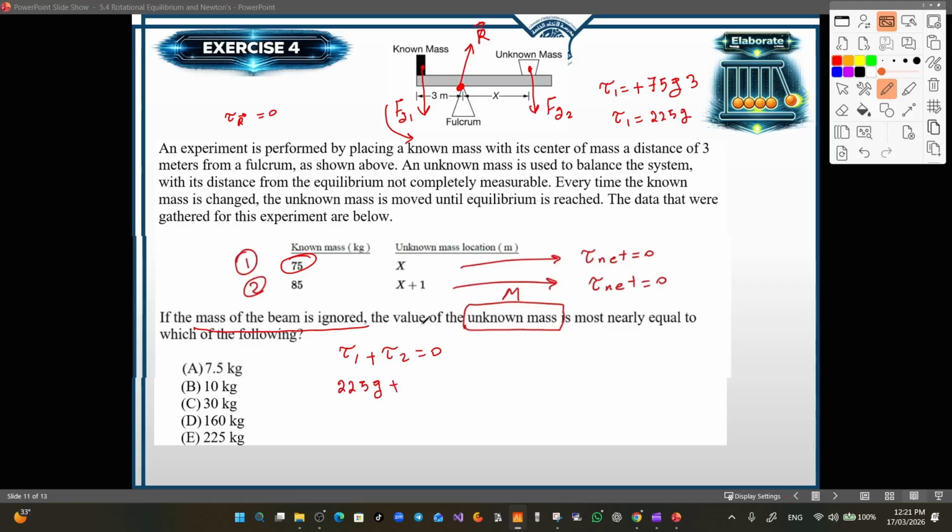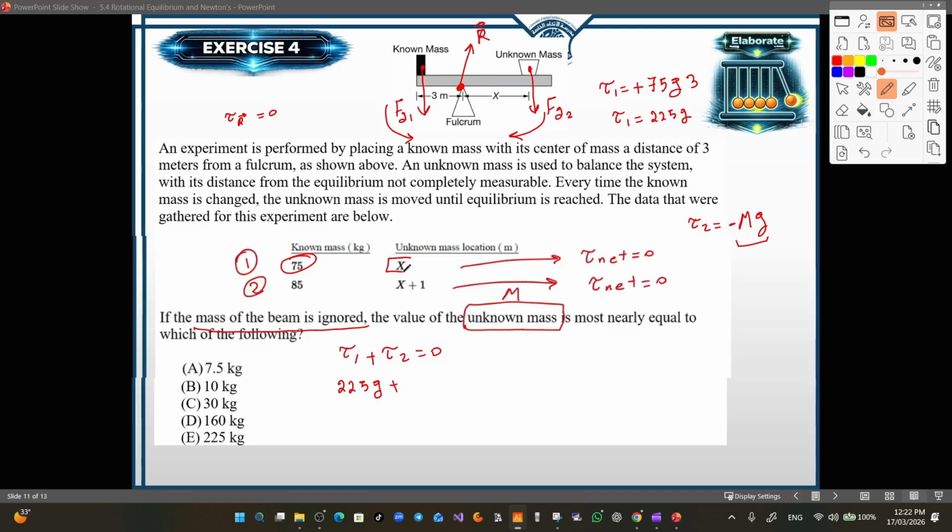Now for tau2, this force is rotating the beam in the clockwise direction, so for tau2 we assign the minus sign. This force has a magnitude of mass times gravity. However, in the first trial we don't know the mass, and the mass is fixed with an unknown value in both trials. This mass is capital M multiplied by g. This is the force multiplied by the distance from the fulcrum.